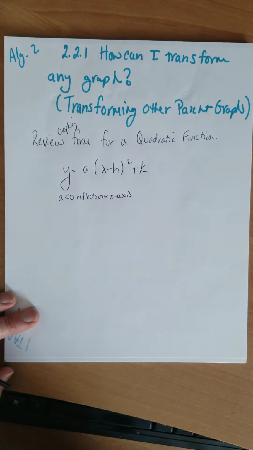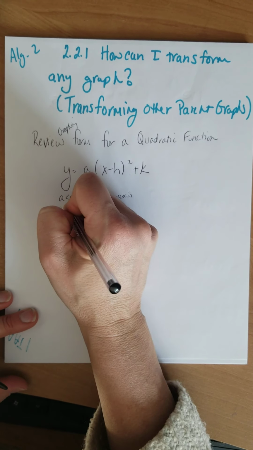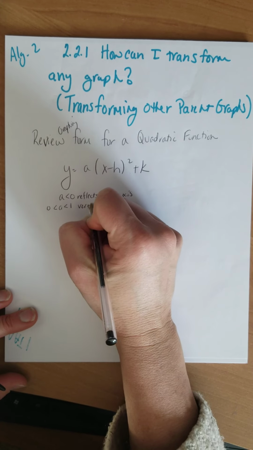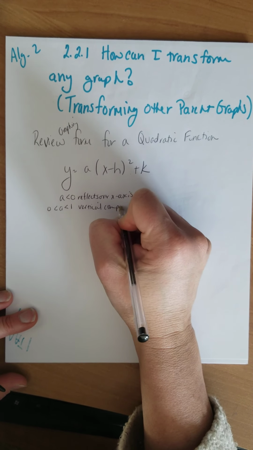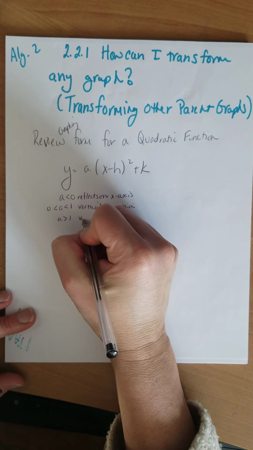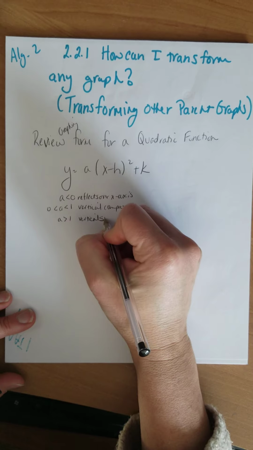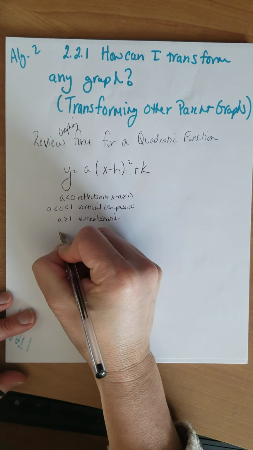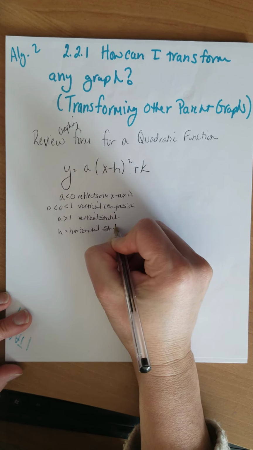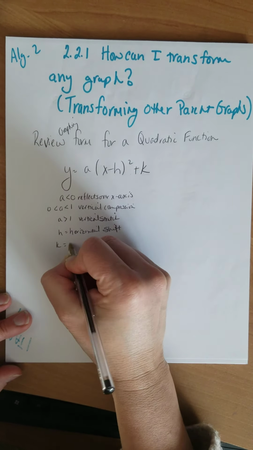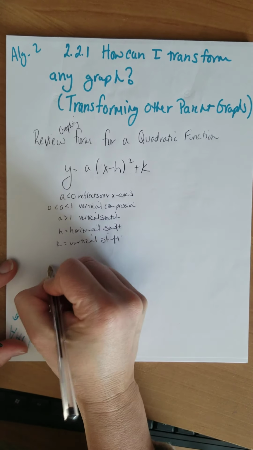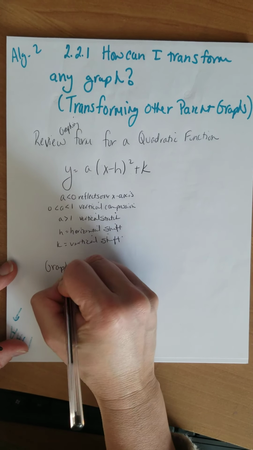A's that are between 0 and 1 give a vertical compression. A's that are greater than 1 give a vertical stretch. h is our horizontal shift, and k is my vertical shift. Graphing form for a cubic function, that's what we just did.